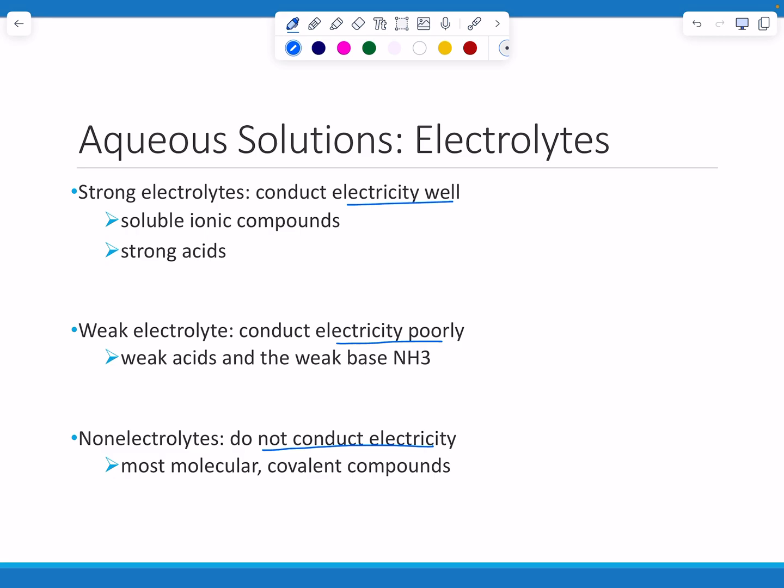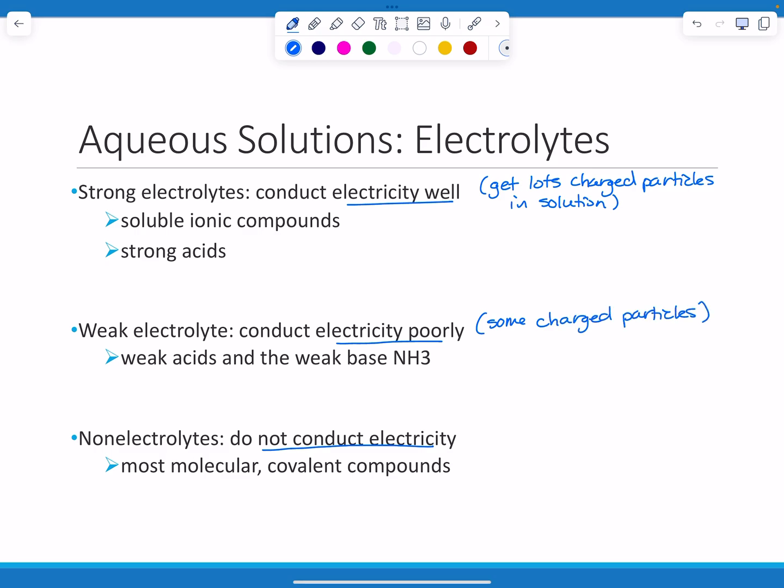So with strong electrolytes, you get lots of charged particles in your solution. When you have a weak electrolyte, you get some charged particles. And when you have a non-electrolyte, you get no charged particles in your solution. And so that's directly related to its ability to conduct electricity.